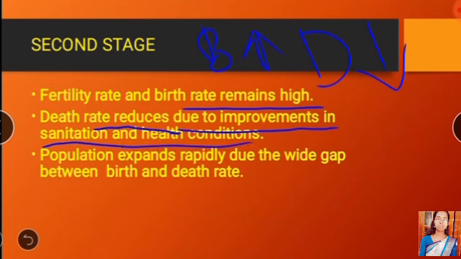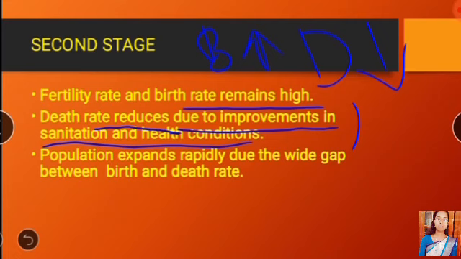So in the second stage, that is a stage of development, the sanitation and health conditions improve. So the death rate reduces. But the fertility rate or birth rate remains high.